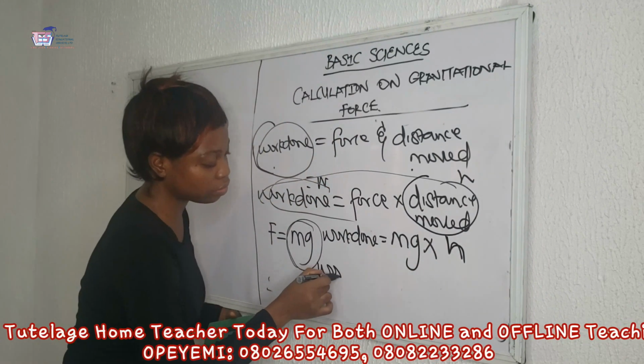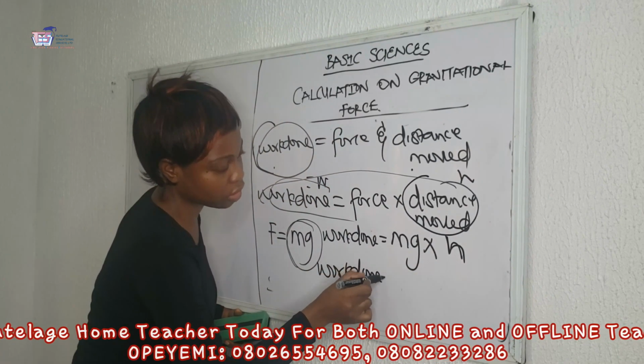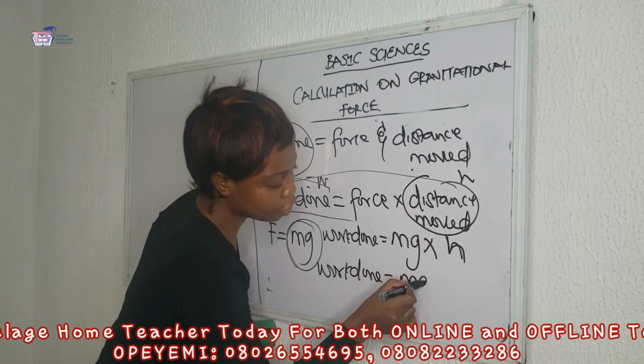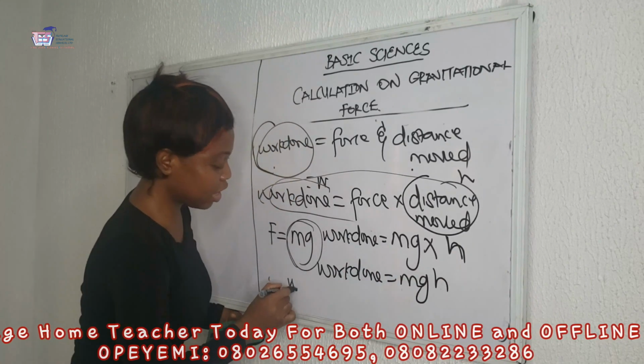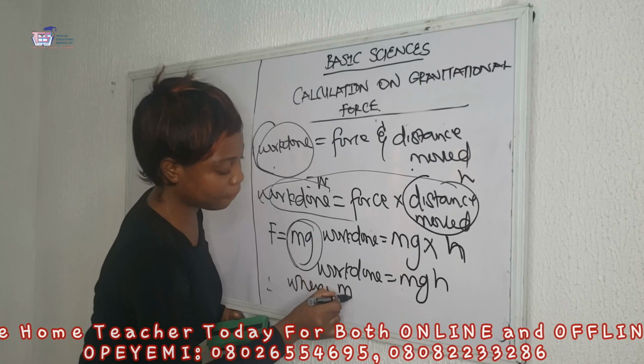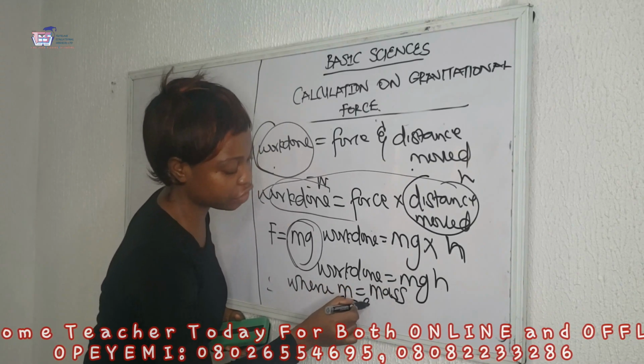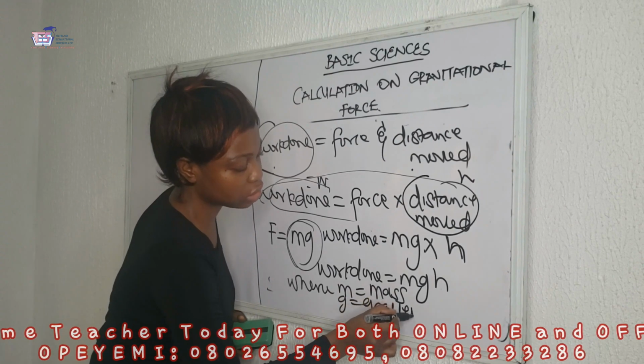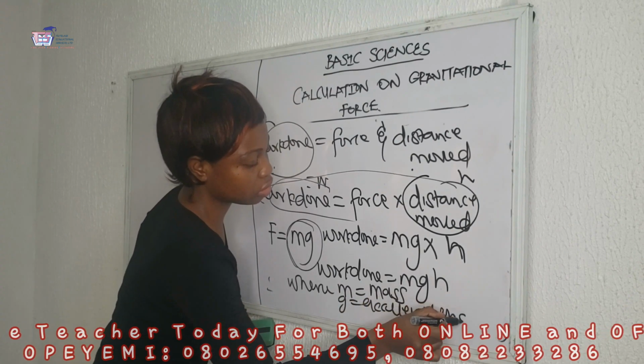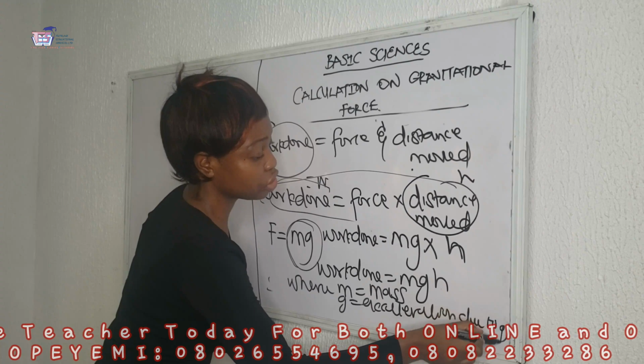Then work done equals mgh, where our m is the mass of the body, our g is the acceleration due to gravity, which is always a constant.